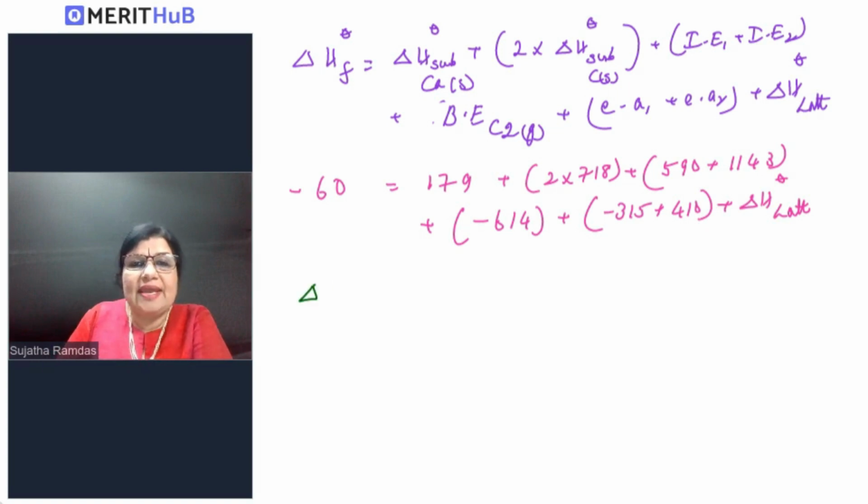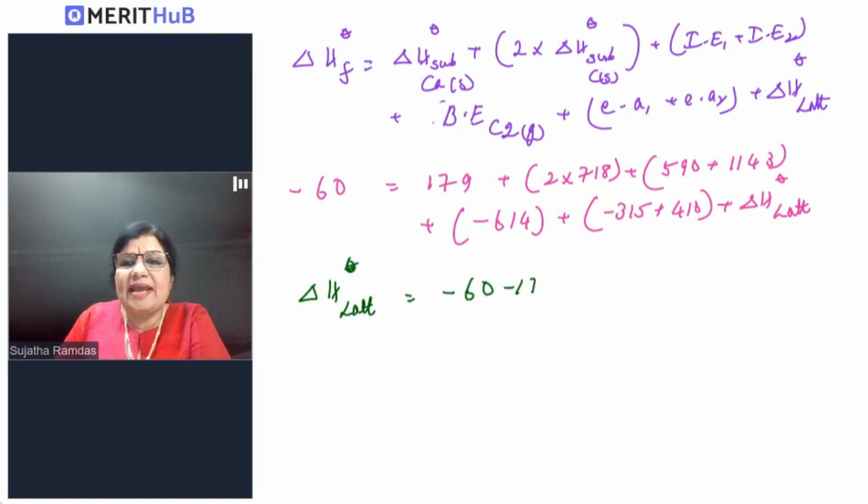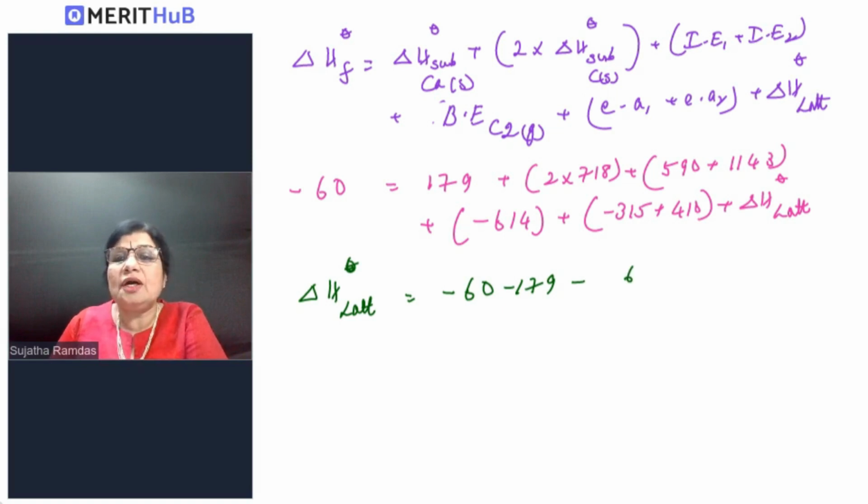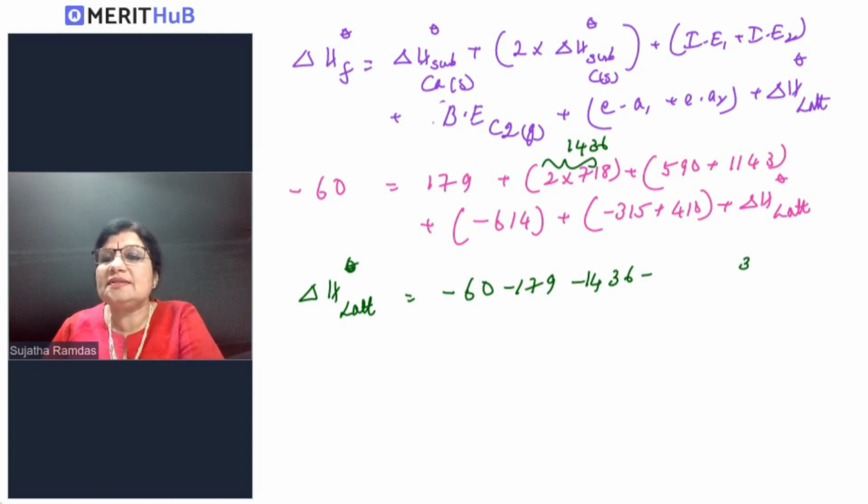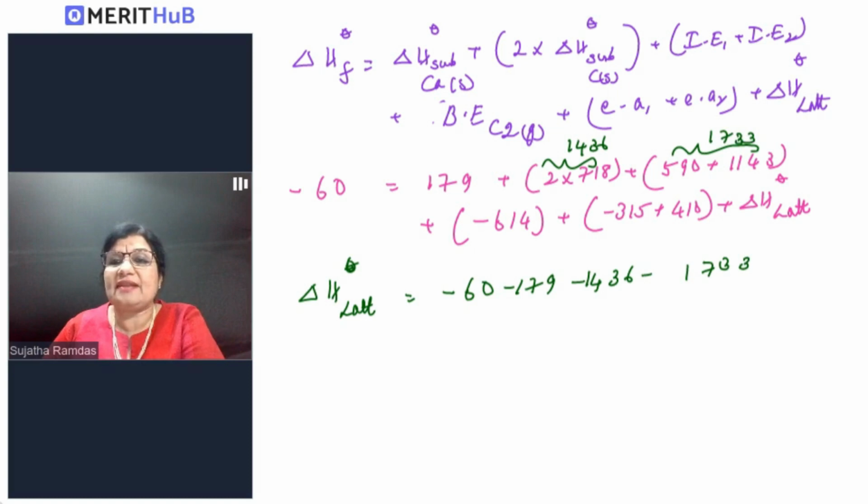Lattice enthalpy will therefore be equal to minus 60 minus 179 minus, what is this? 2 8s are 16. You have 3 14. So this is 1436 minus, what about this? 3 3 7 1. The two ionization enthalpies 1733.